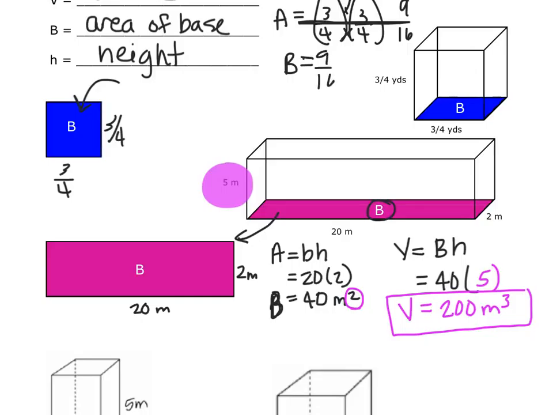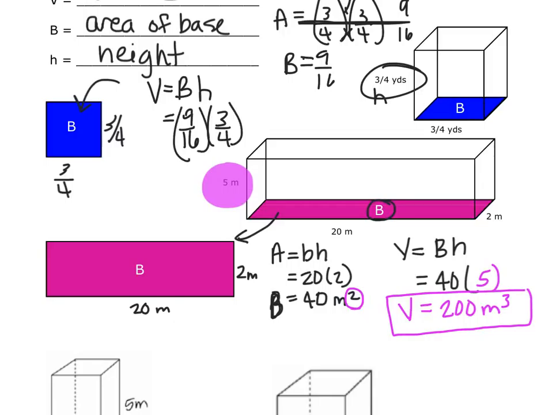So then I can do my formula. Volume equals area of the base times height. And I can get 9/16. And my height is 3/4 times 3/4. And again, it's fractions. I'm going to just extend my line and multiply across. 9 times 3 is 27.